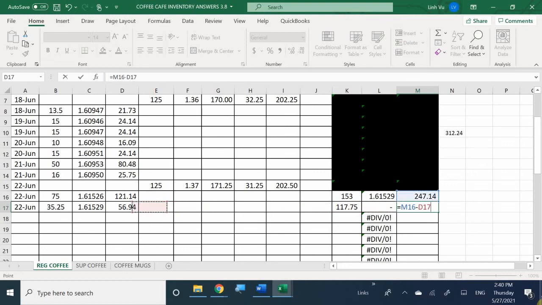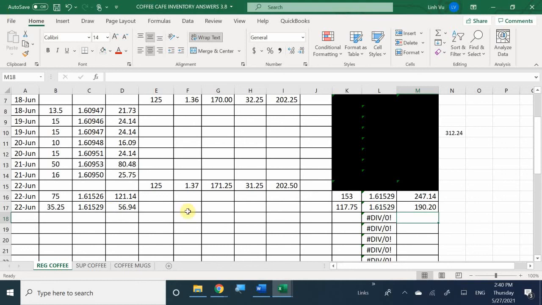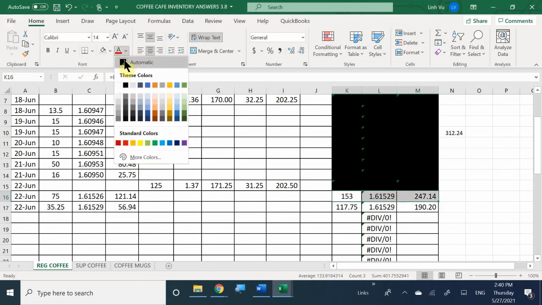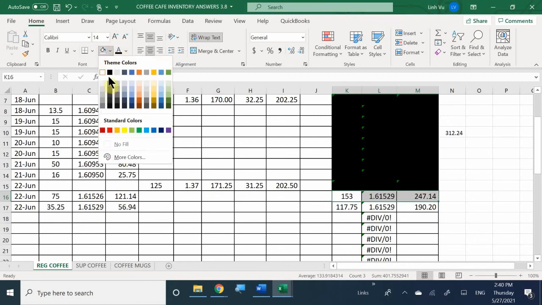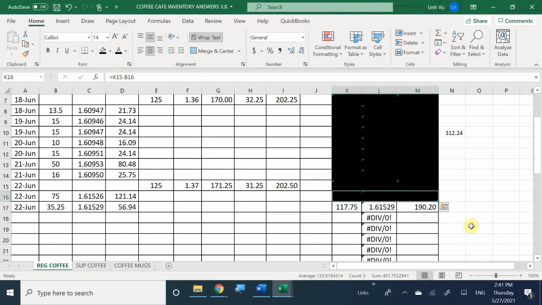Our current value is going to be 274.14 minus the 56.94, which ends up being 90.2. And our current running price is still $1.61529. Everybody's the same? Yes. Okay, you're doing good.